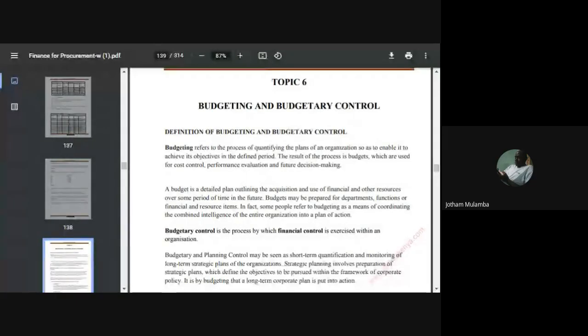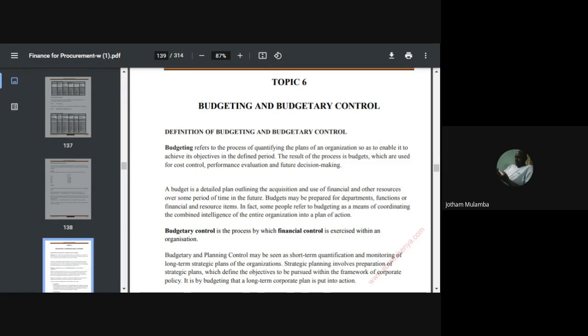So, the definition of budgeting: this refers to a process of quantifying the plans of an organization so as to enable it to achieve its objectives in the defined period. And the result of this process is a budget.